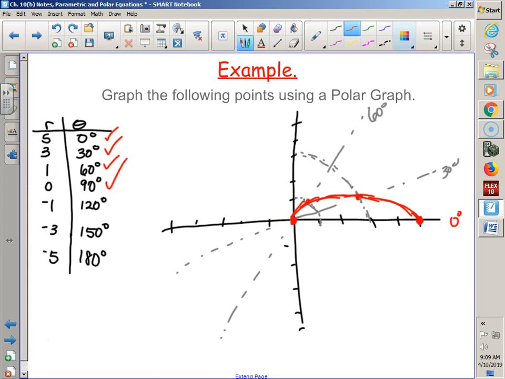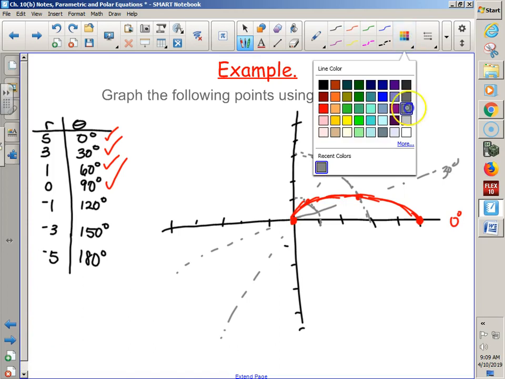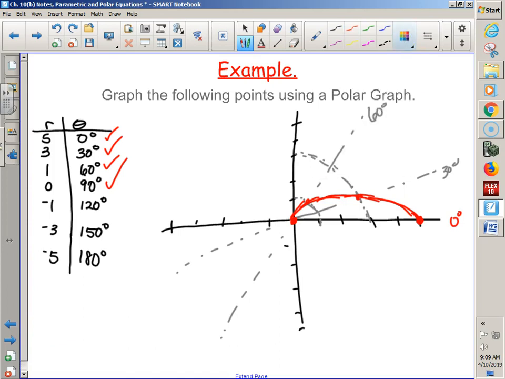Okay, 120. We need a new angle mark, right? 120 is 2 360s. But what do I do when it says -1? Yeah, negative relationship. I'm backing away, right? So instead of going out 1, I'm going to go back 1.